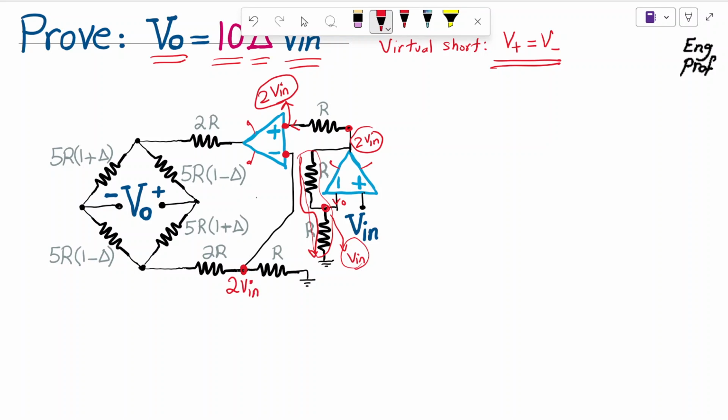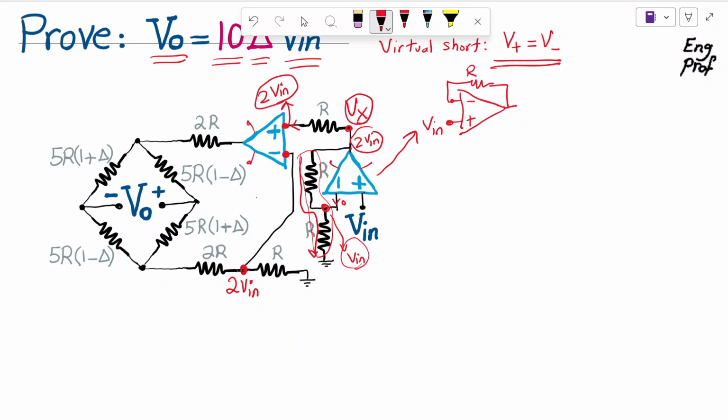For those who are interested in recalling the non-inverting configuration, in this first stage, we have Vn at the positive input terminal. At the negative input terminal, we have a feedback resistor R going to the output, which is, let's say, this node Vx.